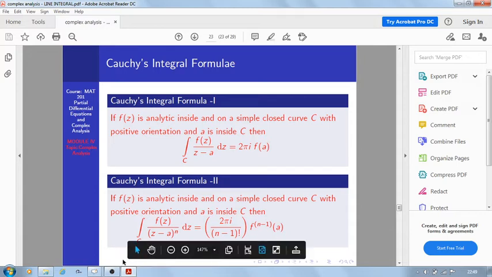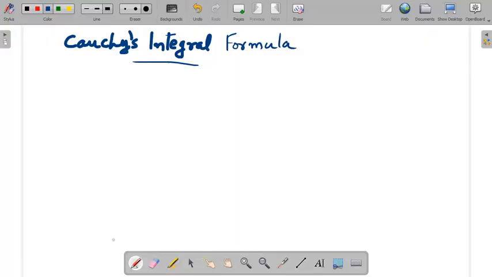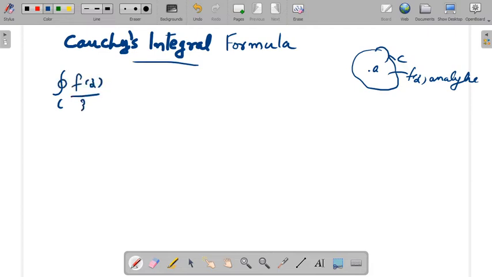So let us do some problems using Cauchy's integral formula. So when you consider Cauchy's integral formula, the first thing we have is a simple closed curve C, a function f of z which is analytic inside and on C, and a is any point within C. Then integral over C, closed integral f z divided by z minus a dz is equal to 2 pi i into f of a.